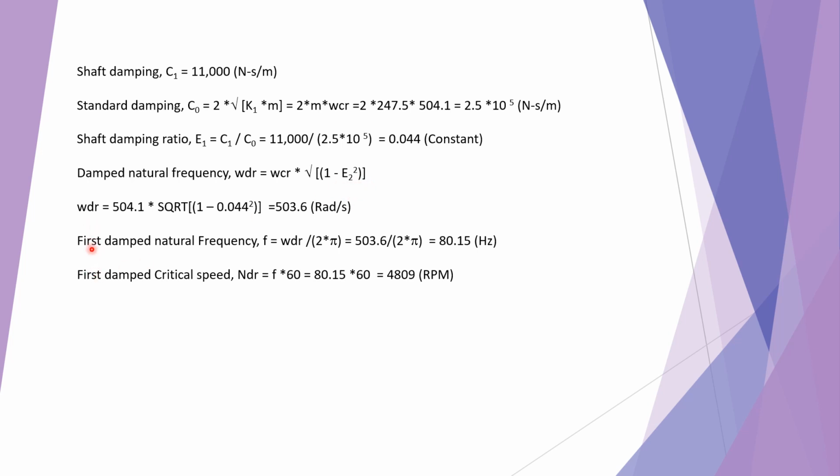So WDR is equal to 504.1 into the square root of 1 minus 0.044 squared, which comes to 503.6 radian per second. So the damped natural frequency in hertz is 80.15, and the damped critical speed is 4809 rpm.